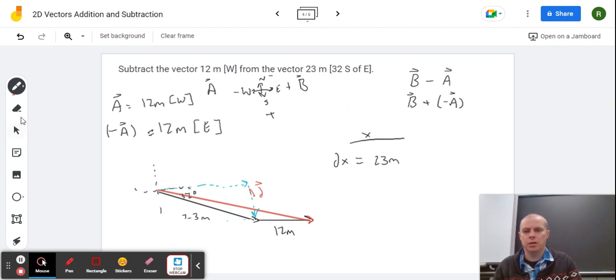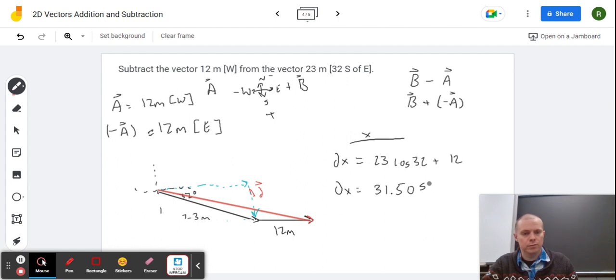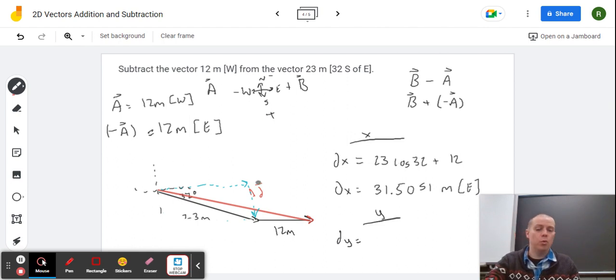So that's going to be 23 cos of 32 plus 12. There's nothing to break down because this one only is horizontal. So 23 cos 32 plus 12 is going to be 31.5051 meters east.